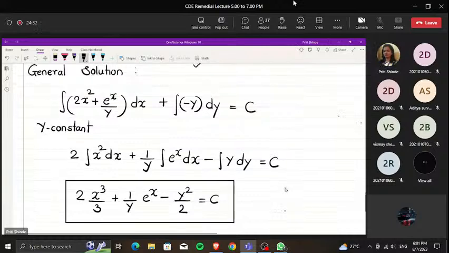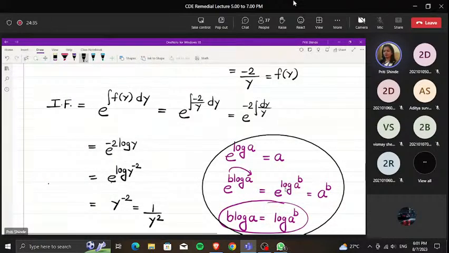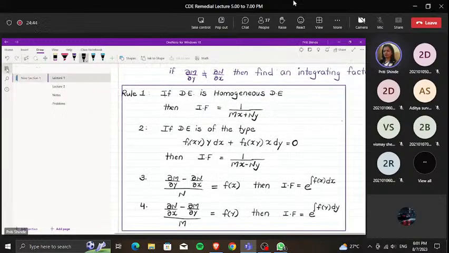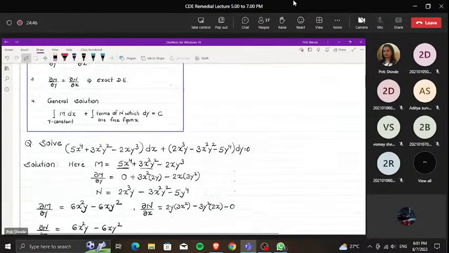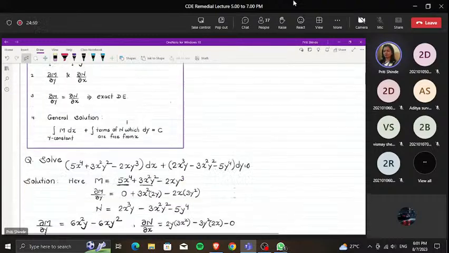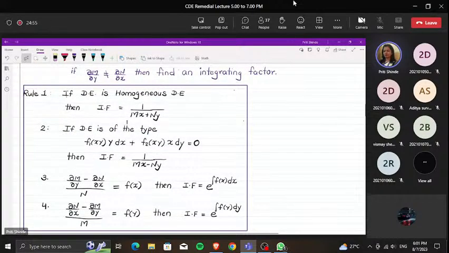Okay. So you can apply now any rule. Whether it is exact or non-exact, now you can solve any differential equation. If it is exact, use this formula. But if your differential equation is not exact, using suitable rule, rule number 1, 2, 3, 4, find out a suitable integrating factor.